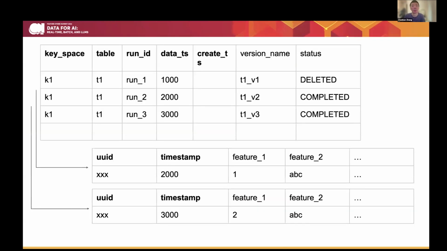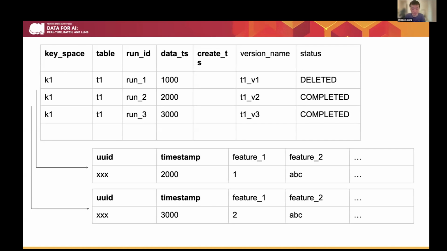To support this concept, we introduce a metadata table. The metadata table is stored in the same Cassandra. We create a dedicated keyspace for the metadata. And this table will contain the keyspace and table name, which we don't require to exist.